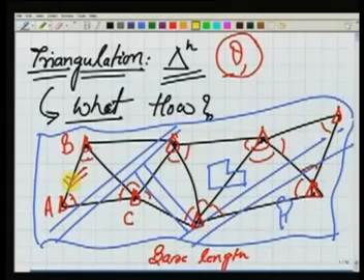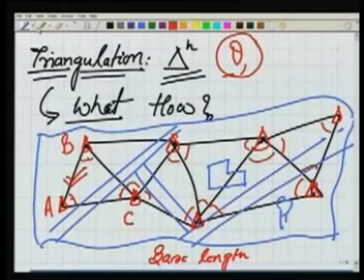So by knowing this length and all these angles, I can determine the coordinates of B, C, D and all other points. So by measuring these number of angles and only one length, we are able to generate a network of control points for which we know the coordinates over the ground. So this is what is the triangulation.